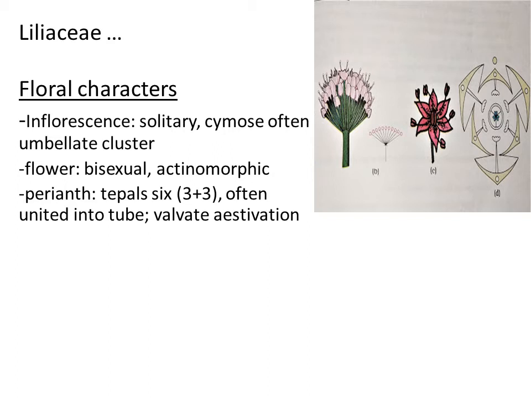How many tepals are present? There are 6 tepals. They are arranged in 2 whorls, right? In one whorl 3 tepals are present, and in the other whorl the remaining 3 tepals are present. So that arrangement is 3 plus 3. Just look at the floral diagram.